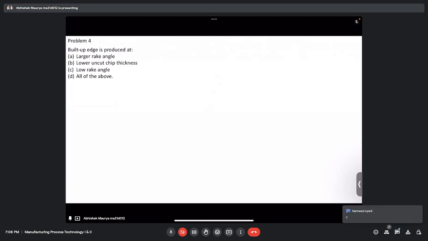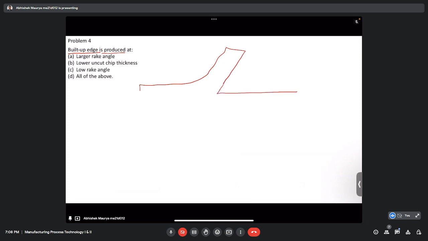So, built-up edge is produced at... before that, I will quickly try to explain what the built-up edge is. Okay, we'll quickly draw the diagram. We have a workpiece and we are trying to cut it with the tool.